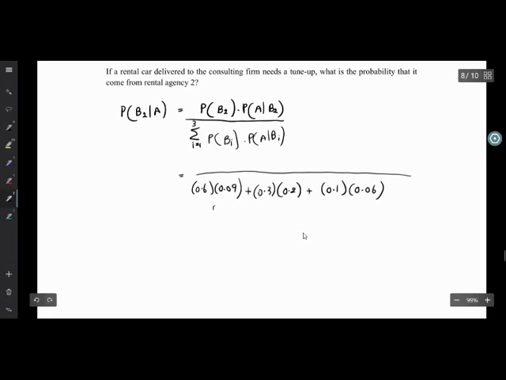This is for B1, this was for B2, this was for B3, and you pick the B2. Right? So if you do that, you will end up with 0.06 at the top, 0.120 at the bottom. So the answer will be 0.5.